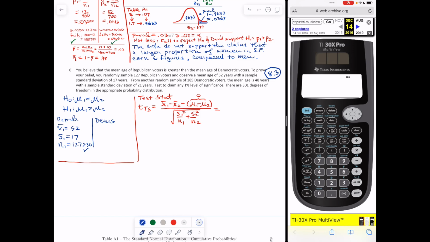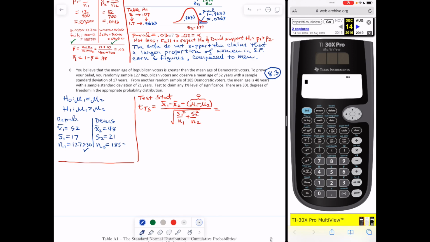And then for the Democrats, just a quick scan here. 185 of them, the mean age is 48 and the standard deviation is 21. Okay, so our X bar 2, 48, standard deviation S2, 21, and N2, the number of them was 185.